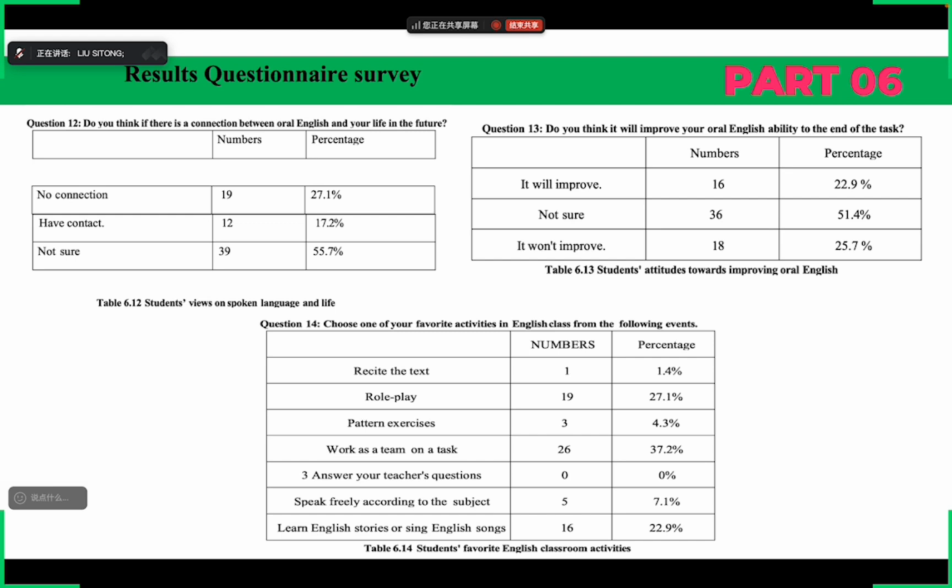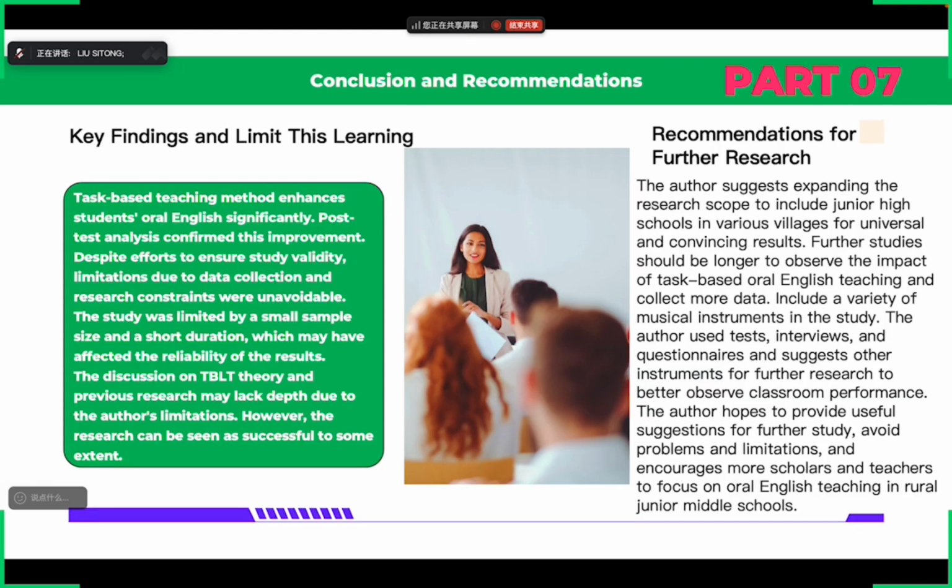Okay, let's come to part 7. Yes. Okay. The key findings and limits of this study. TBLT enhances students' oral English significantly. Post-test analysis confirms this improvement, despite efforts to ensure study validity, and limitations due to data collection and research constraints were unavoidable.